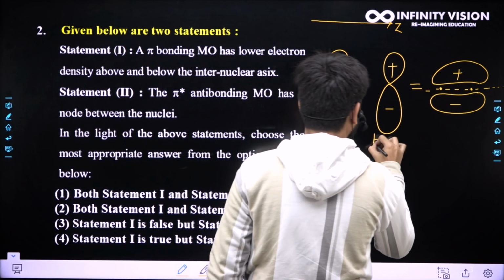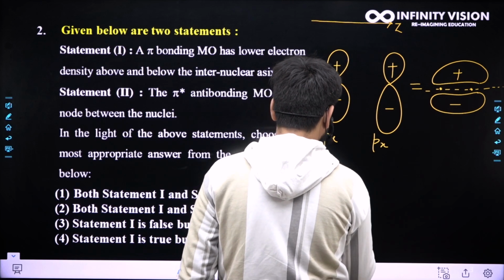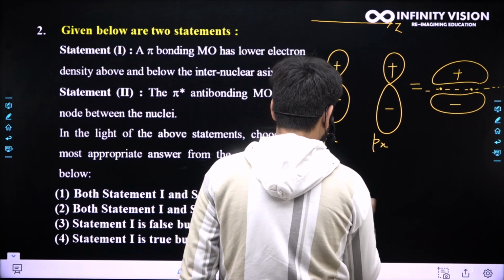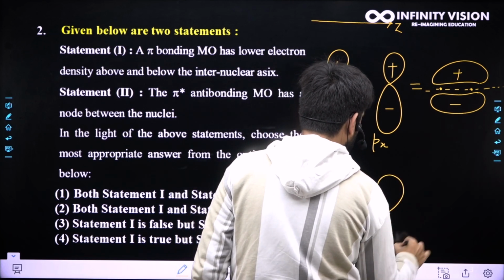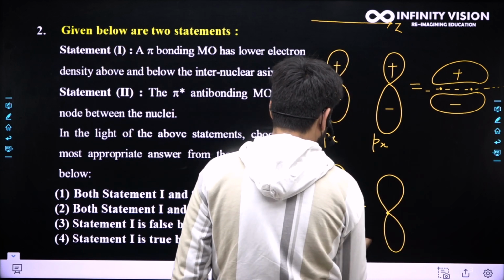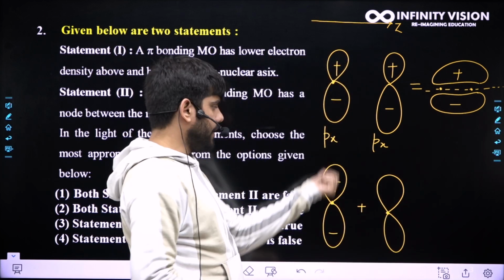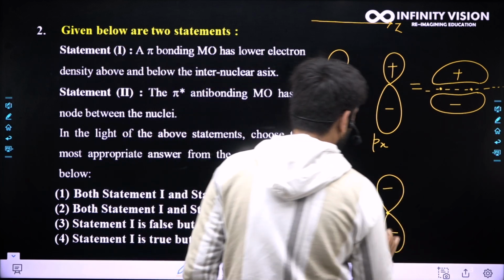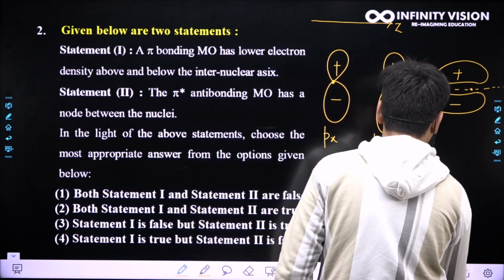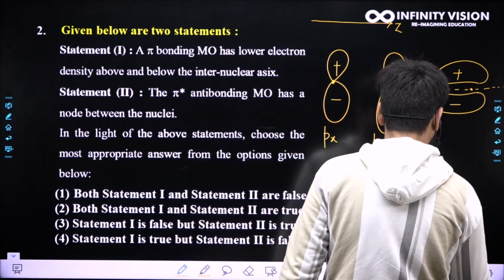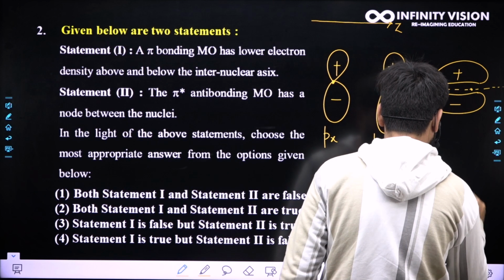Now the same px orbital, when they combine out of phase, right? When they combine, we know that they are unsymmetrical. So when they combine out of phase, what do we get? This is the nuclei.